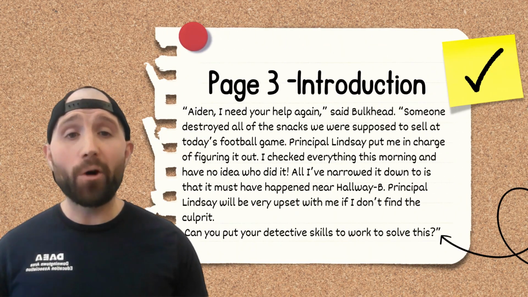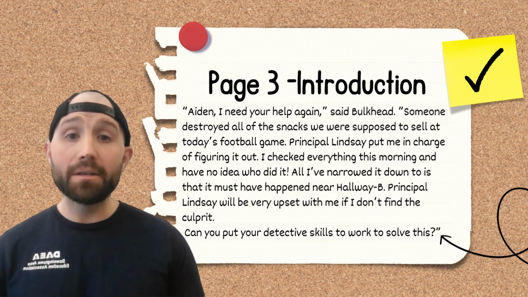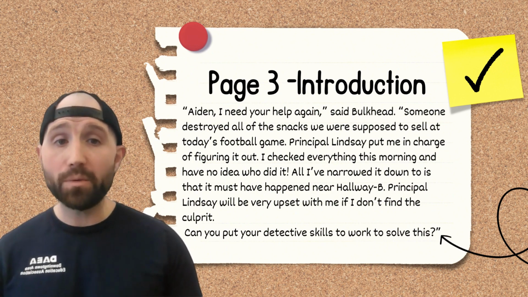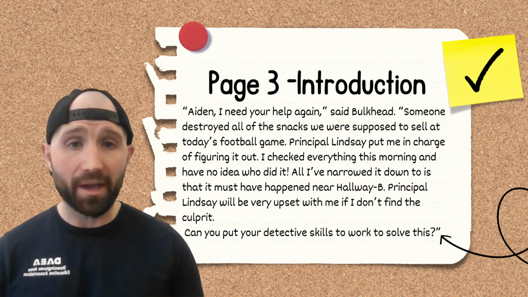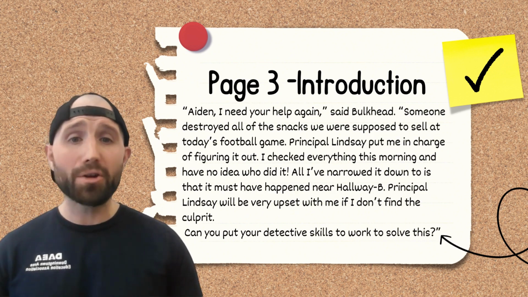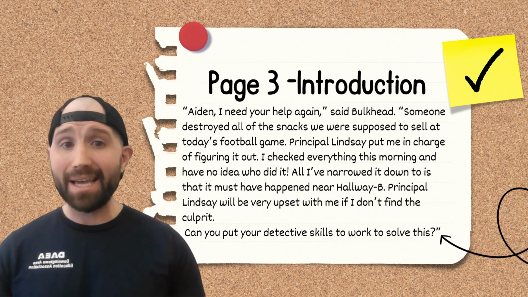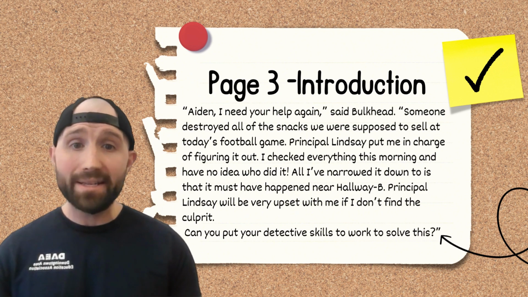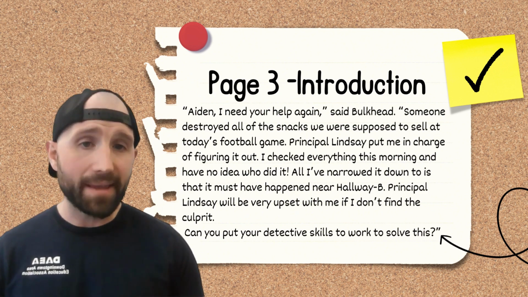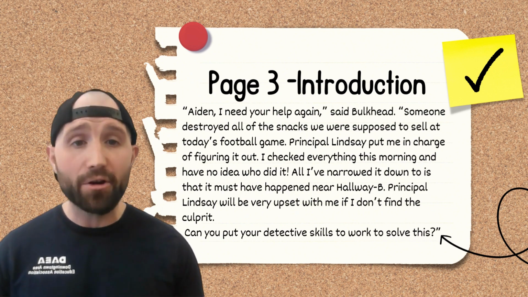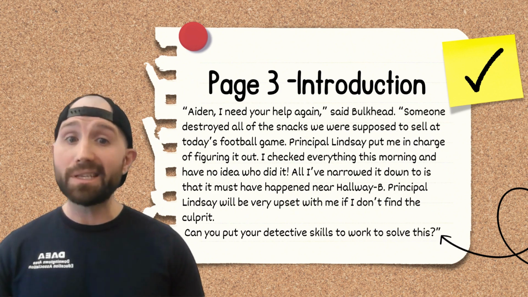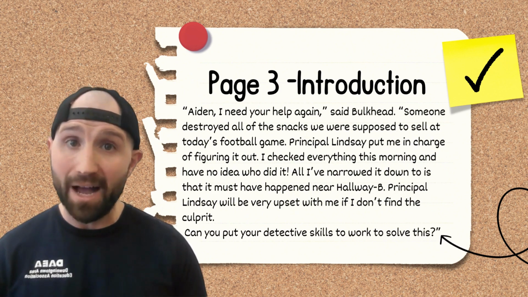"Aiden, I need your help again," said Bulkhead. "Someone destroyed all of the snacks we were supposed to sell at today's football game. Principal Lindsay put me in charge of figuring it out. I checked everything this morning and have no idea who did it. All I've narrowed it down to is that it must have happened near hallway B. Principal Lindsay will be very upset with me if I don't find the culprit.